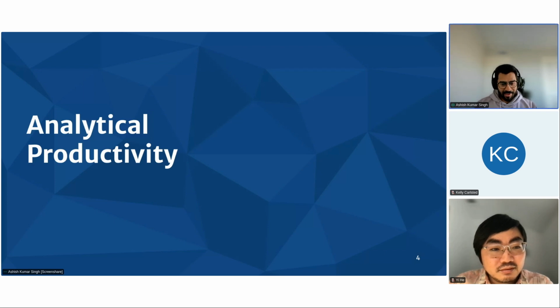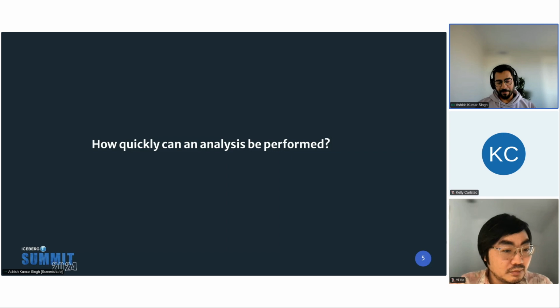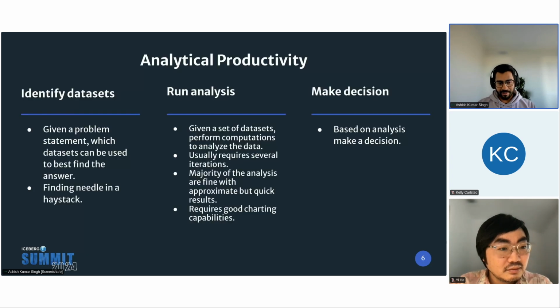Okay, so in this session, we'll be talking a lot about analytical productivity. Just to be sure that we are on the same page about what this means, it's very simple. It's how quickly can an analysis be performed. But let's dissect this into particular stages of an analysis cycle, which, as per us, starts with identifying data sets.